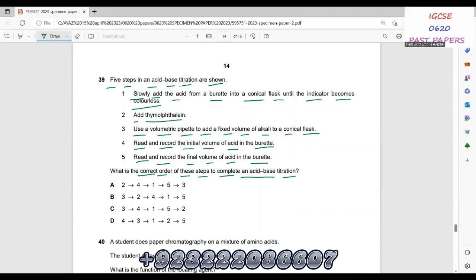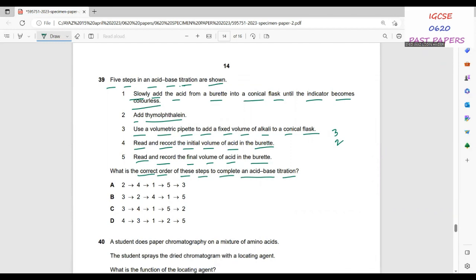So you have to start with the transferring of alkali to a conical flask. So we must have 3 as the first step. And the next one, we will add indicator, which is phenolphthalein. So we'll have 2. Then you will slowly add acid from the burette into the conical flask.